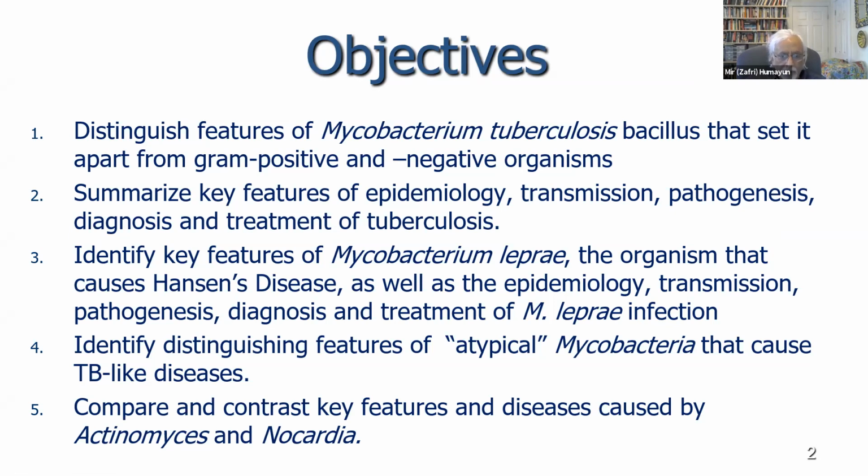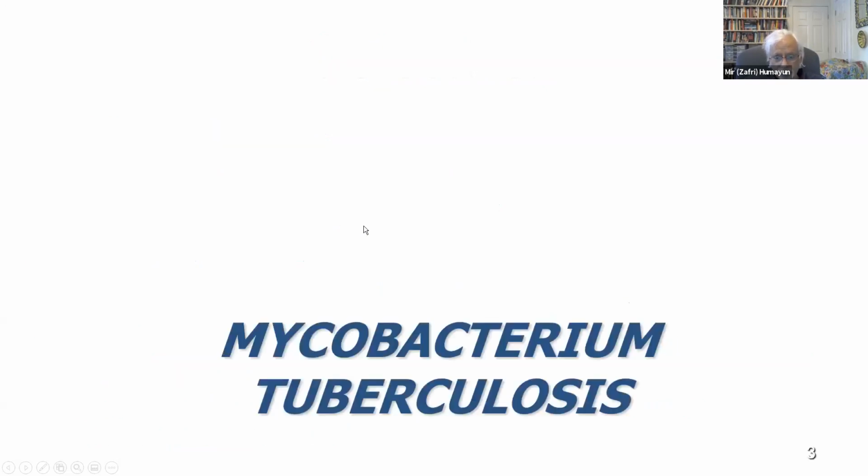Finally, we devote a small amount of time to actinomyces and nocardia, two types of bacteria, which are grouped together with mycobacteria because of some shared morphological features. We'll come to that shortly. The bulk of the time is going to be devoted to Mycobacterium tuberculosis.